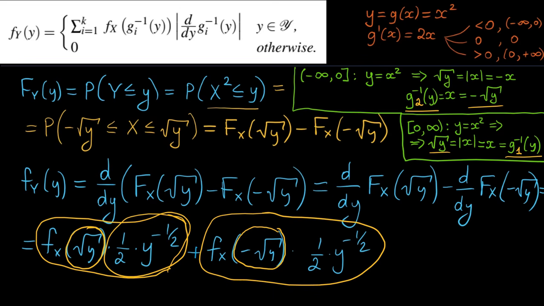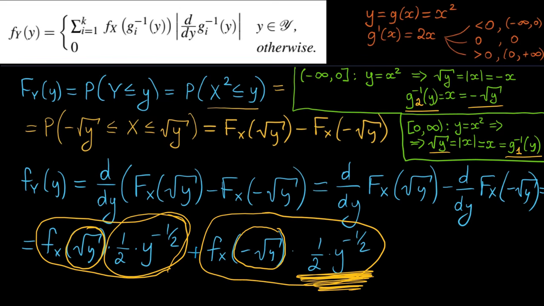And this last term here is the absolute value of the derivative of the inverse of g2. In other words, it's the absolute value of the derivative of minus square root of y. The derivative of minus square root of y is minus 1/2 times y to the power of minus 1/2. And then the absolute value transforms that minus into a plus, and we end up with exactly what we have here on the right side.